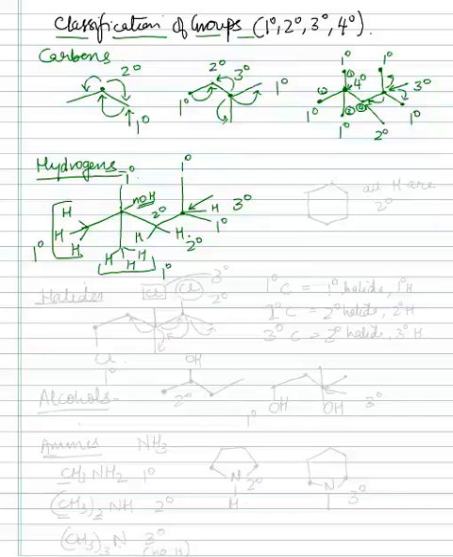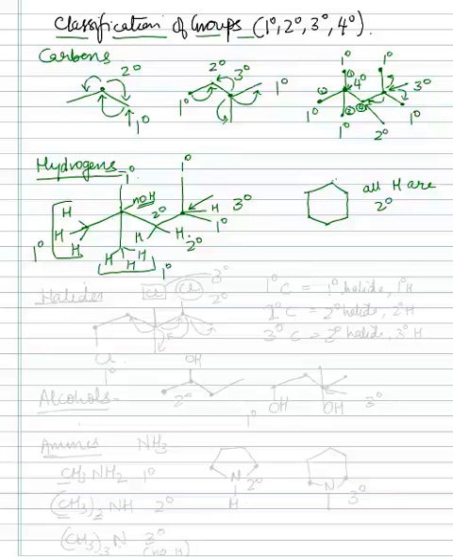That's how you classify hydrogens. So for example, if you look at a structure like this, where you have a CH2, CH2, CH2, CH2, another one, and another one. Here, since each carbon is connected to 2 carbons, all hydrogens here are secondary. Okay, so that's how you classify the hydrogens.